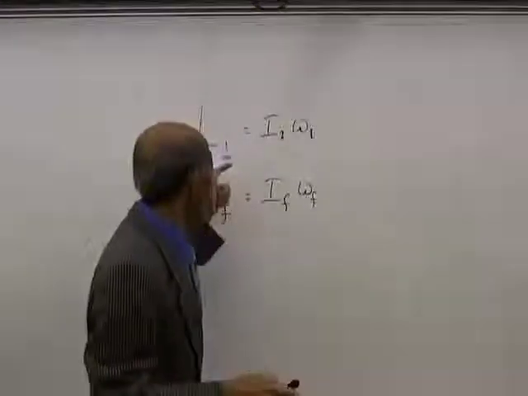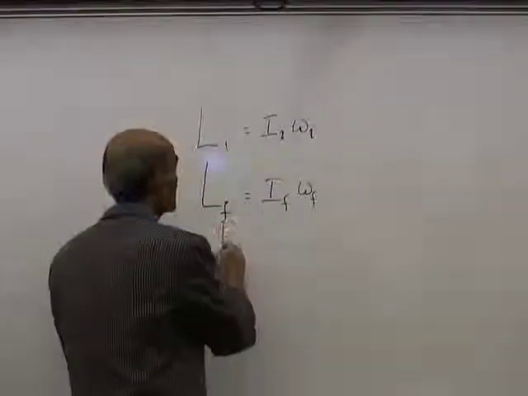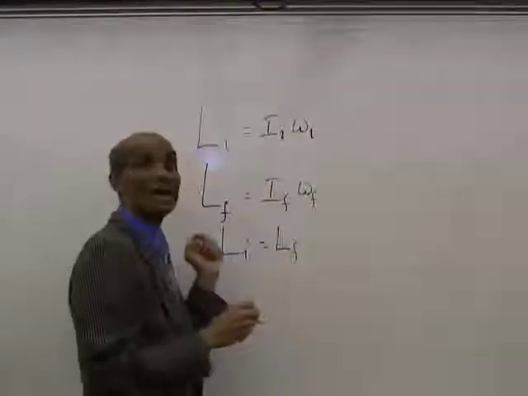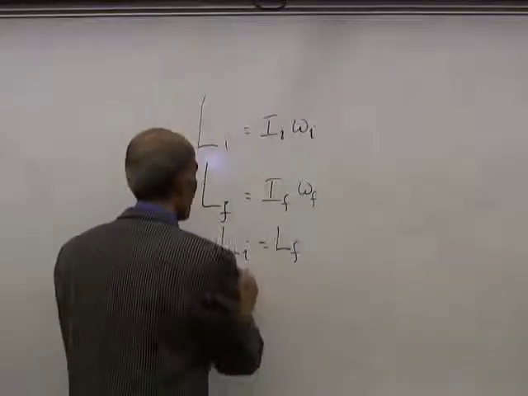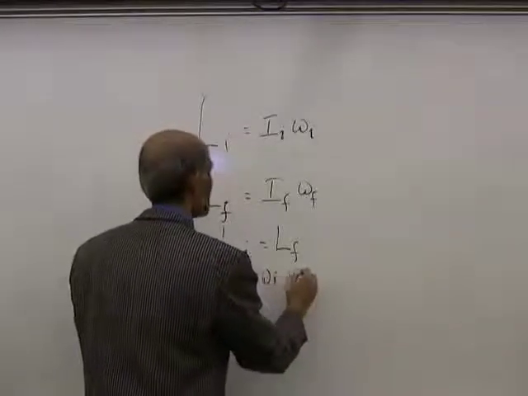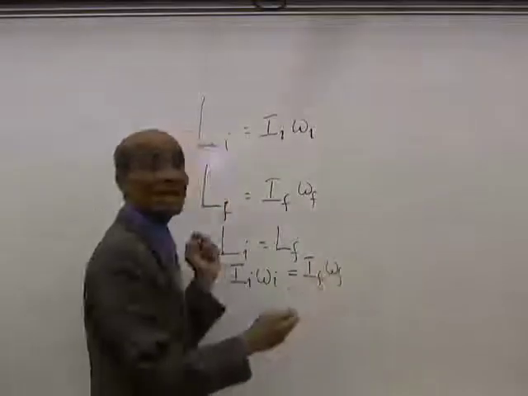You know that the conservation of angular momentum dictates that Li must be equal to Lf. That means I sub I omega I must be equal to IF omega F.